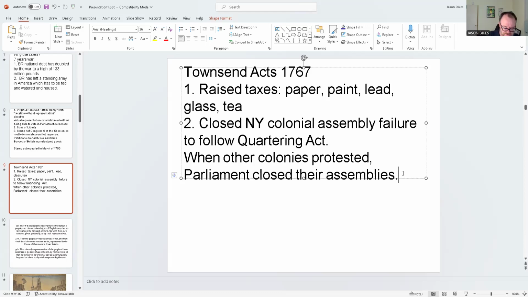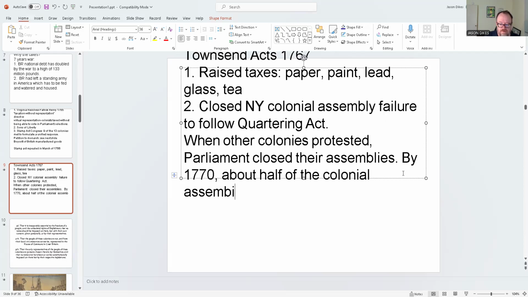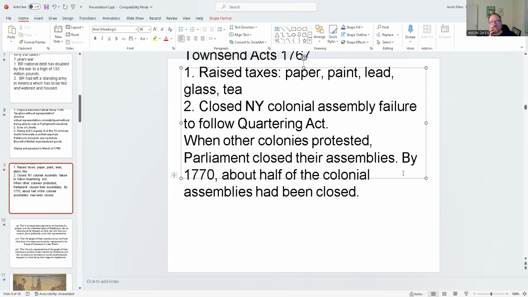And by about 1770, about half of the colonial assemblies have been closed. Now, the boycott is back in place, but it doesn't appear to be making a huge difference.